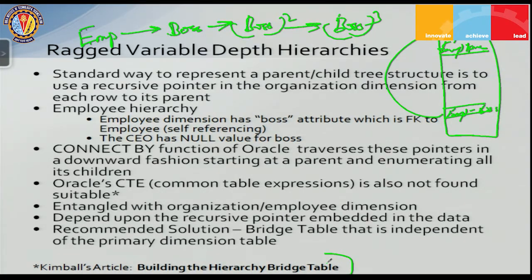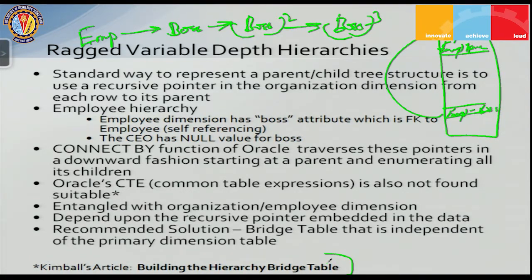ragged variable depth hierarchies. So far what we have done is we have looked at fixed depth hierarchies and then slightly ragged. So slightly ragged can be modeled using a fixed depth hierarchy, provided you introduce some attributes which are not really meaningful, like you need to repeat city in the example that we discussed 2-3 times in a dimension.